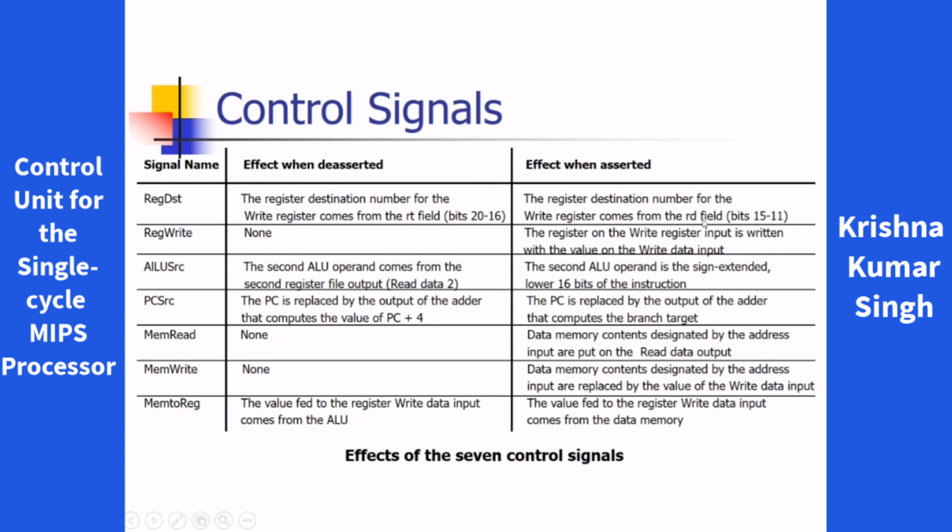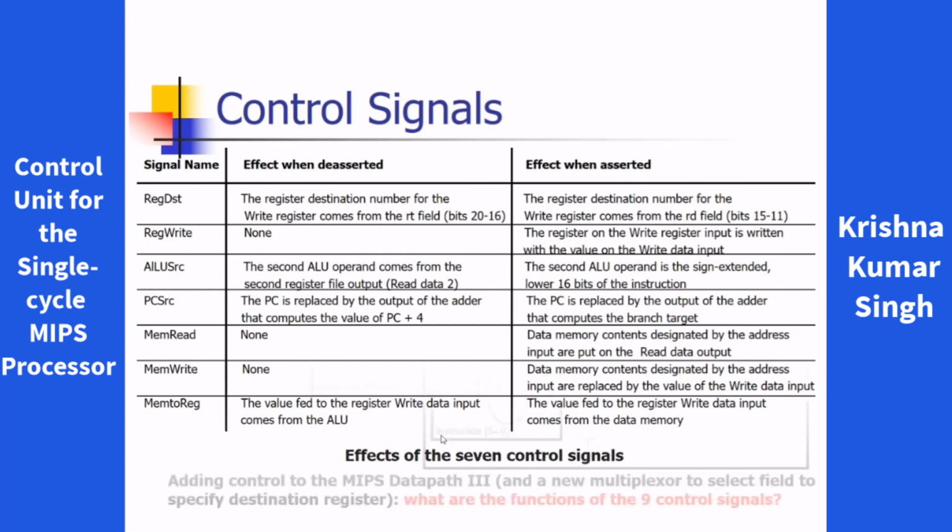Look out here. We have a write register, and we have a write data. Write data is 32-bit data that we are going to save in one of the registers. Which one?